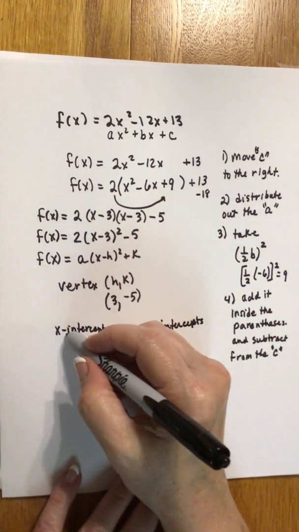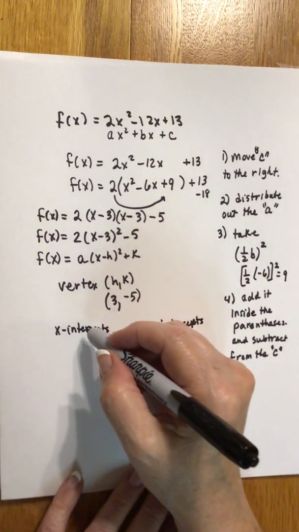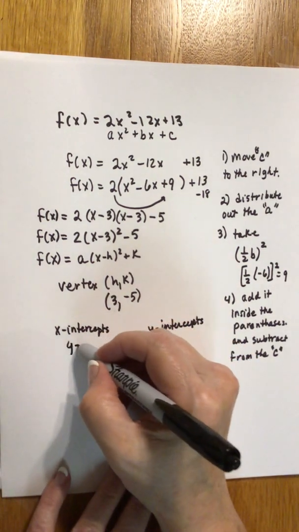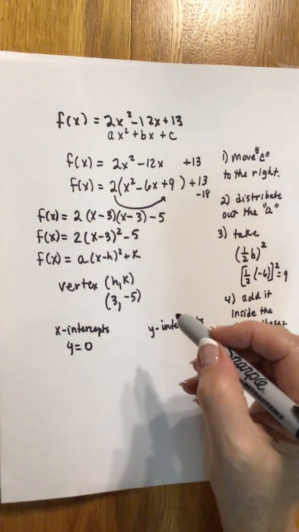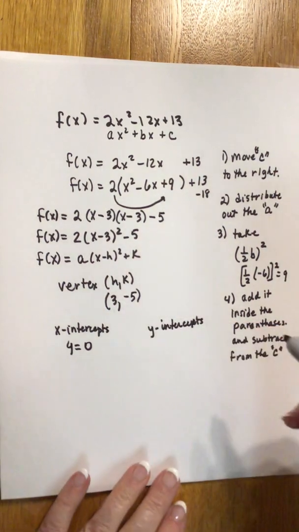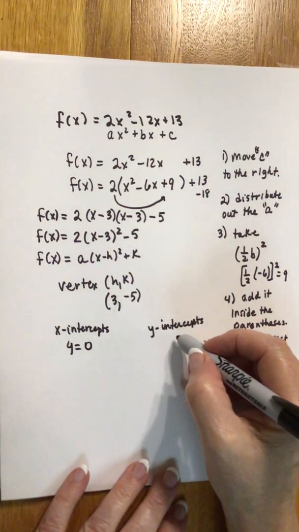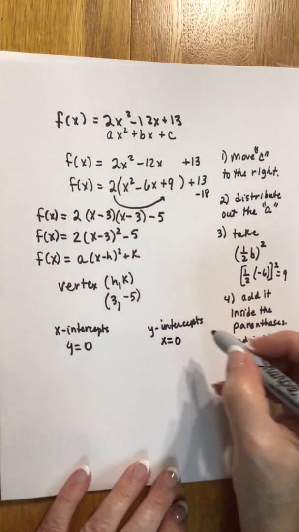What do we know about each point that crosses the x-axis? Every point on the x-axis has y equal to 0. So in this case, we want to make y equal to 0 to find the x-intercepts. For the y-intercepts, everything on there is going to give me x equal to 0.